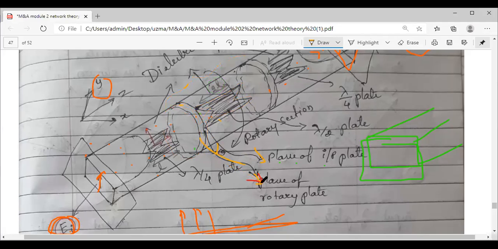If you have these two directions, I have drawn these arrow marks wavy, but if you draw them in straight lines, the angle between them is theta. You can ask me, you have drawn both circles, so how to take this theta angle? It is meaningless, right? Why I'm telling this is, whatever this plate is, its alignment is important.